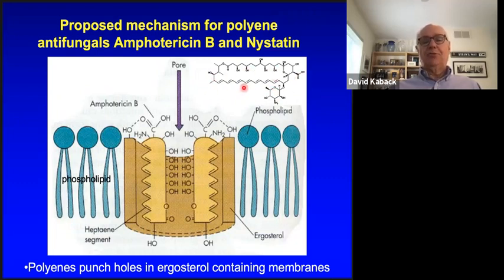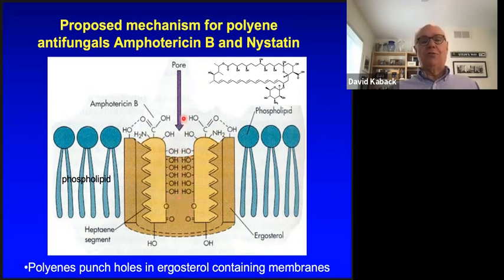It's a complex structure, something you don't have to memorize, but this complex structure will incorporate into cell membranes that preferentially contain ergosterol. As a result, they go better into fungal membranes than into human membranes. When they incorporate into fungal cell membranes, they create aqueous pores, as shown here.